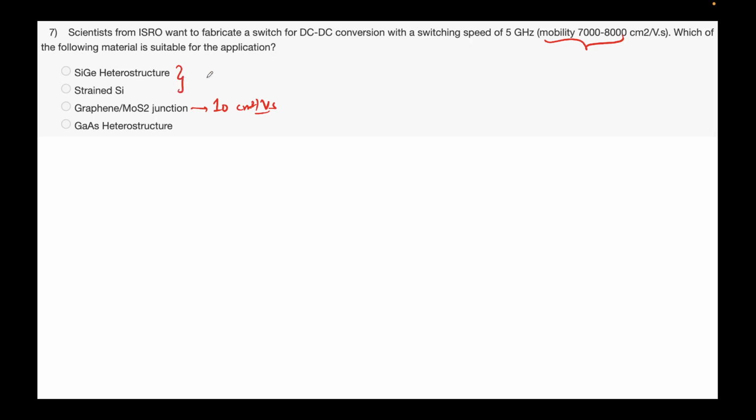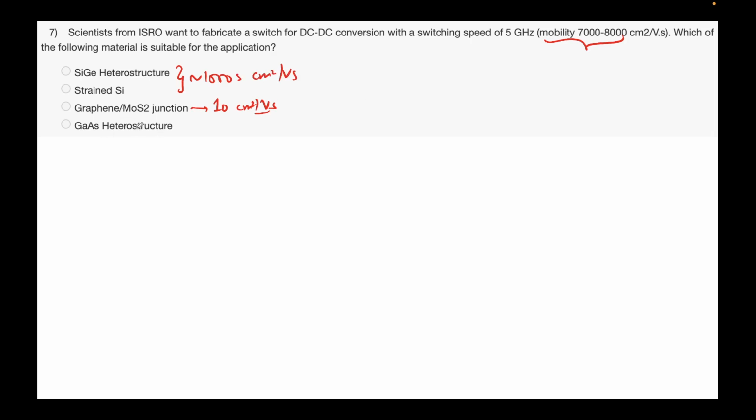For these two, we can have some strain. You can strain the silicon to enhance its mobility, so electron mobilities or hole mobilities can be enhanced. In this case, their mobilities do rise to a few thousands of centimeters square per volt second, but still not as high as the one which is required.